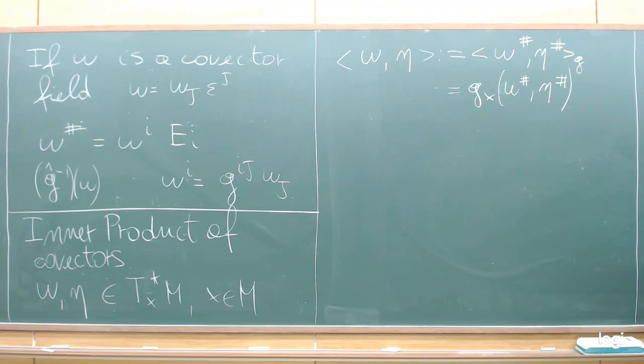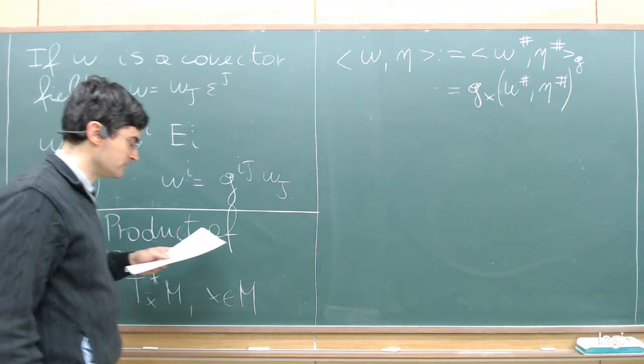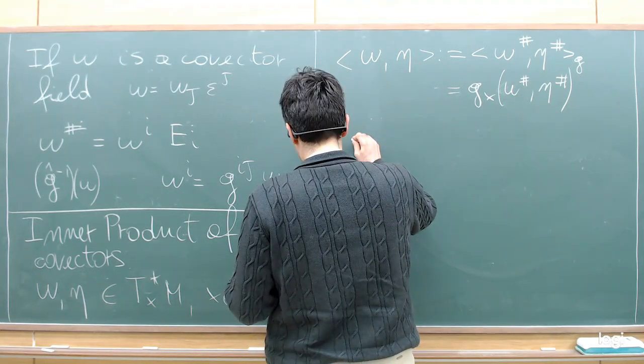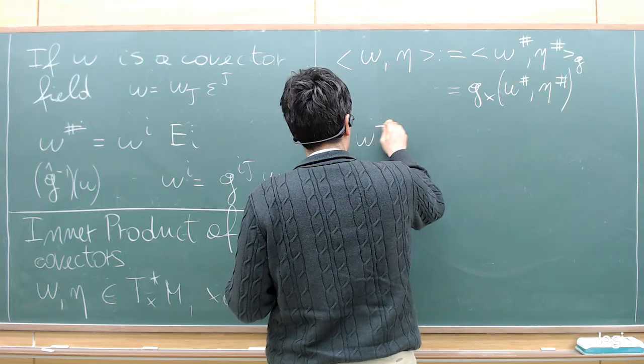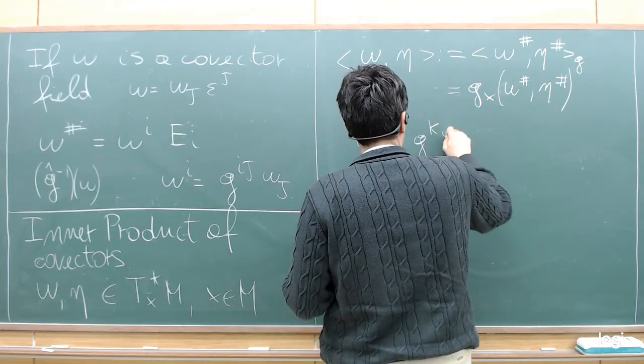What is the formula for that? So omega sharp is given by g k i omega i.